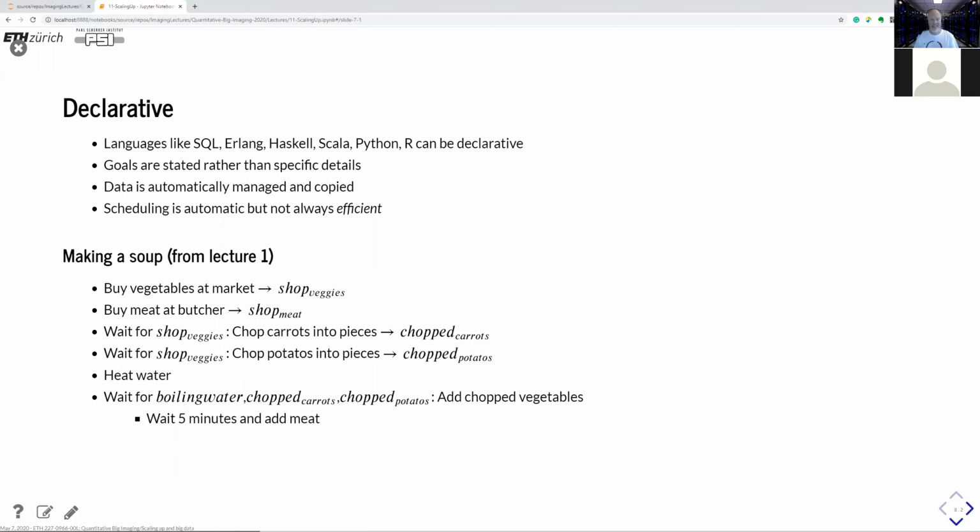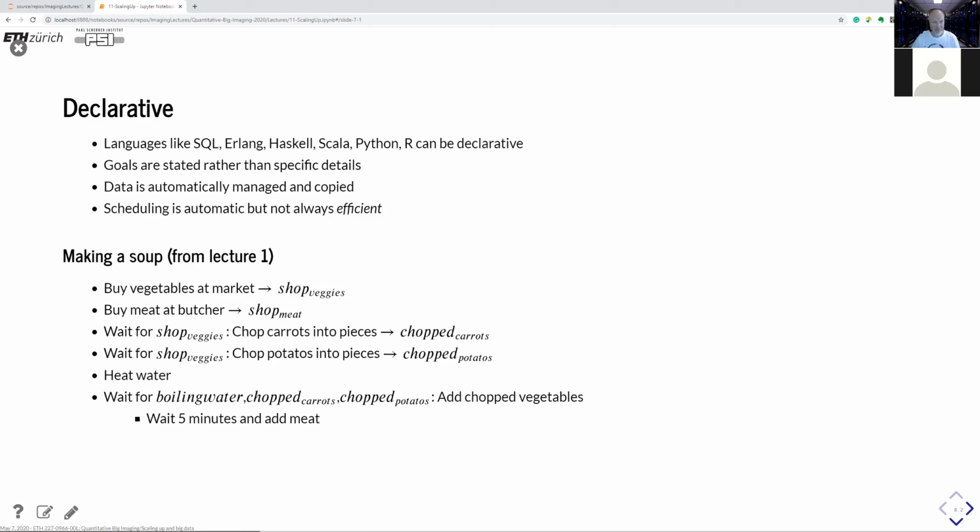And the data is in this framework automatically managed and copied. If you do it like this, it's like free hanging units waiting for something. And that makes the scheduling automatic, but it may not be the most efficient way.